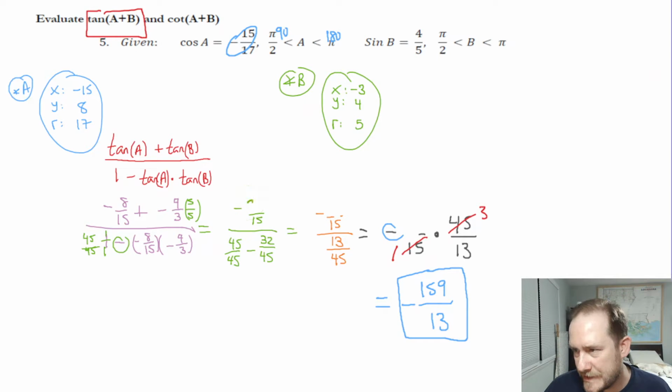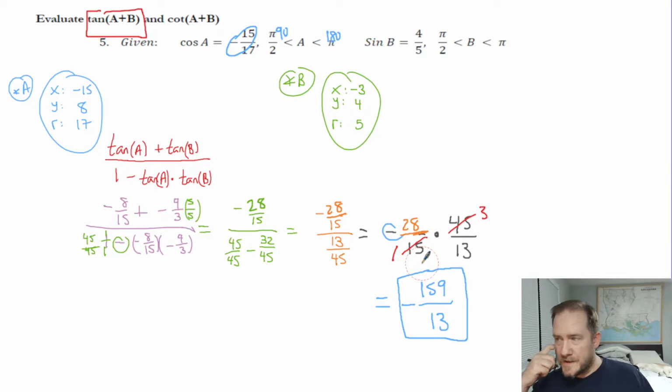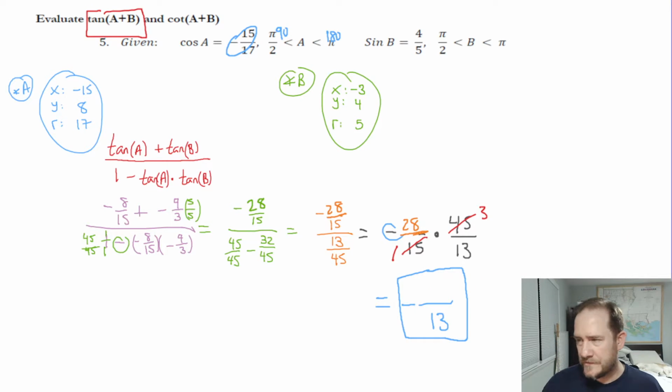So that should be a negative 28. This should be a negative 28. This should be a negative 28. So that means our final answer should actually be whatever 28 times 3 is, which is obviously 84.